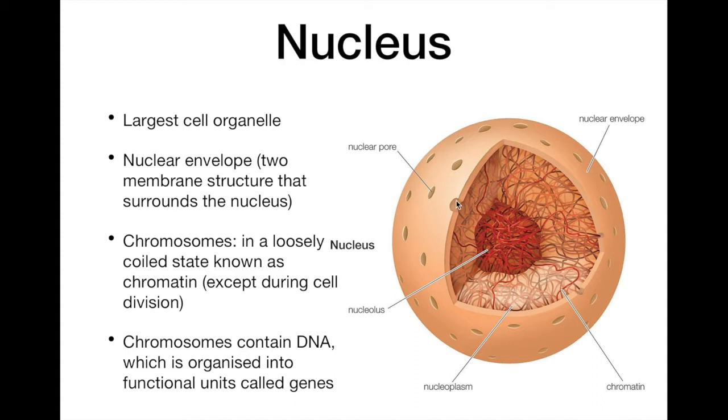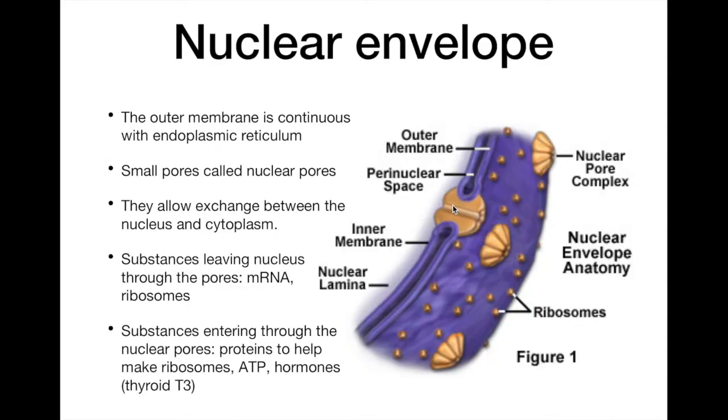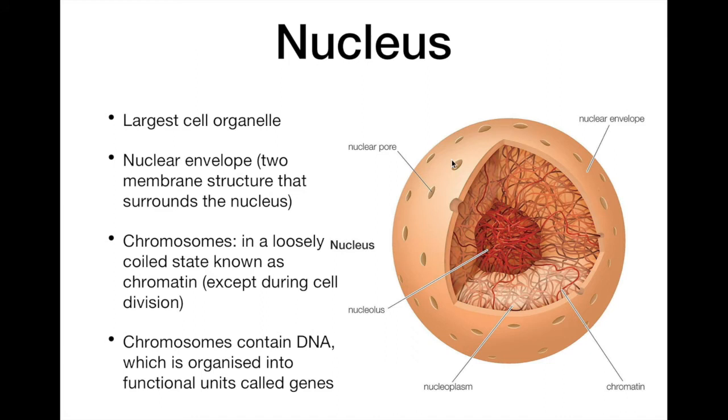These two join in some parts and create holes that are called nuclear pores. Of course, these holes are not open. I will talk later about the nuclear envelope. The outer membrane of the nuclear envelope is continuous with the endoplasmic reticulum. We will see that later.